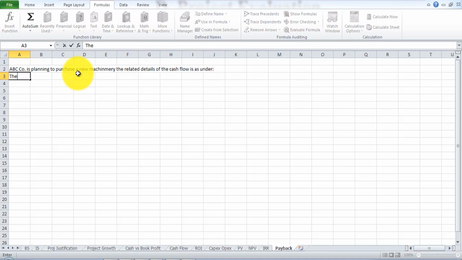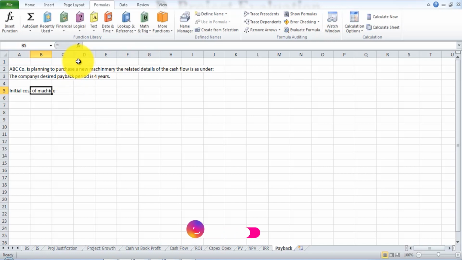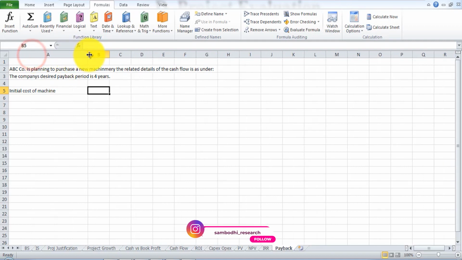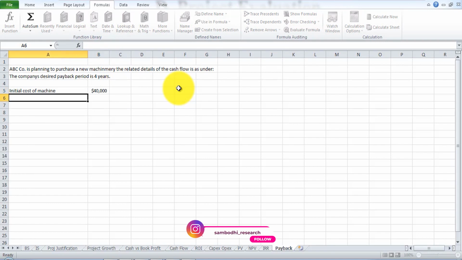Okay, the company's desired payback period is 4 years. Okay, so initial cost of machine, let's quote it to say somewhere around $40,000.